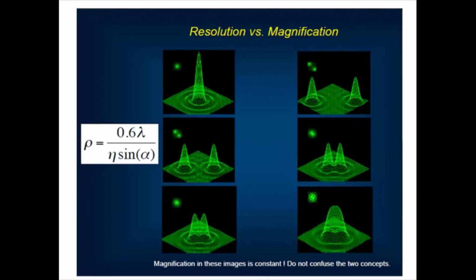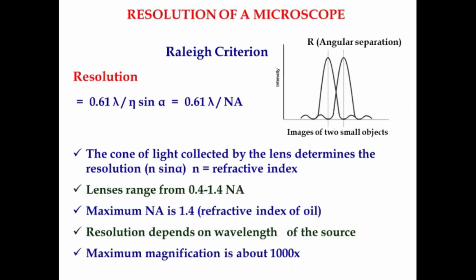So this is what is defined as resolution: the minimum separation between two objects at which the detector can identify them as two separate entities. That is given by the Rayleigh criterion.